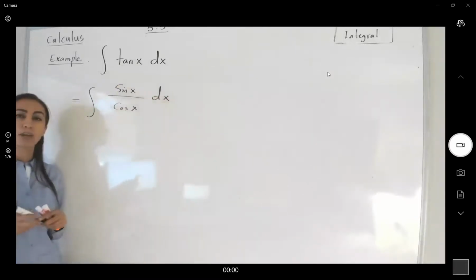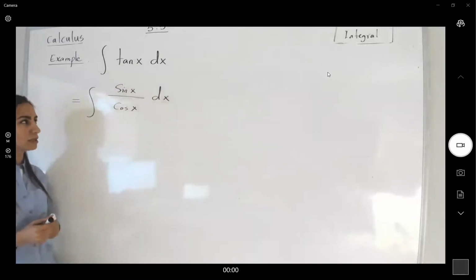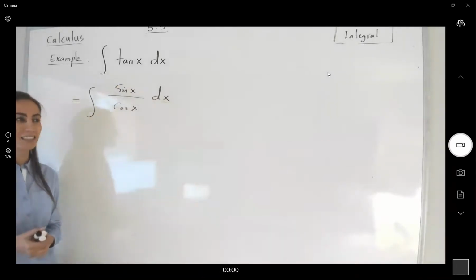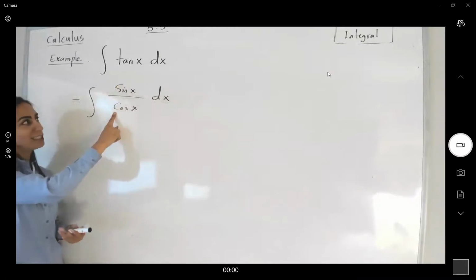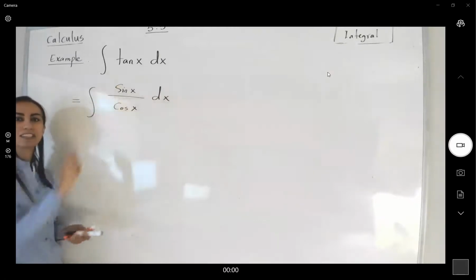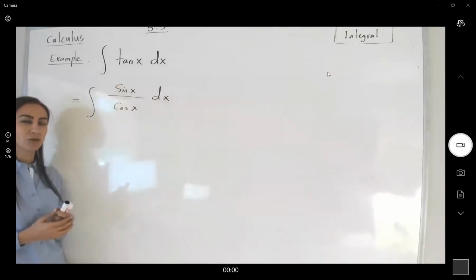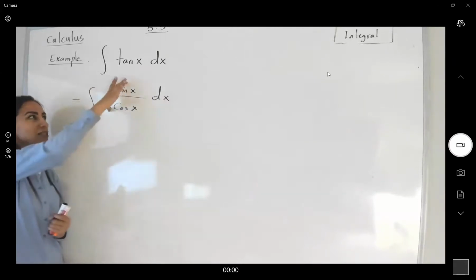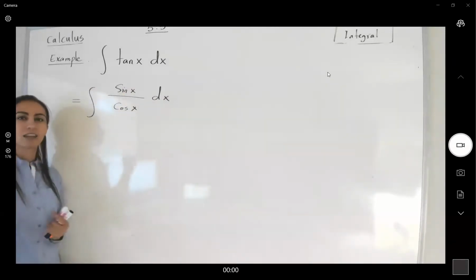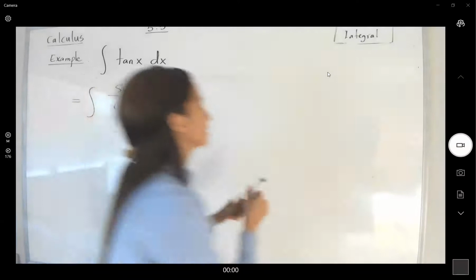Why am I trying to apply the substitution method? Because I know that if I take cosine as u, du is negative sine dx. So we can apply the substitution method for cases written in quotient form.